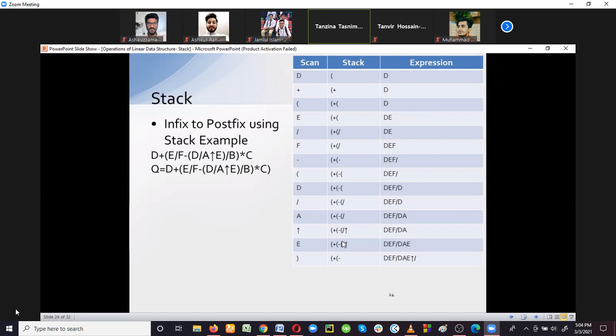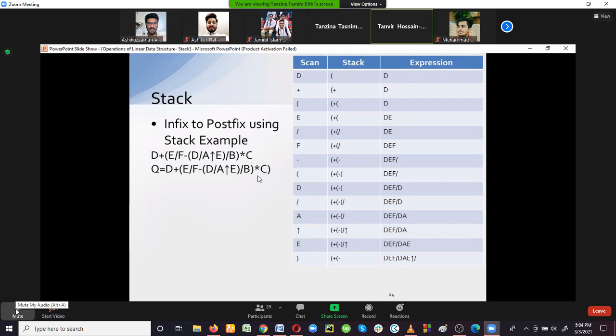Okay, so when you got a left parenthesis, just remove it from the stack and don't add it to where? To this postfix notation. So in this way we can convert an infix notation into postfix notation. Is it clear?